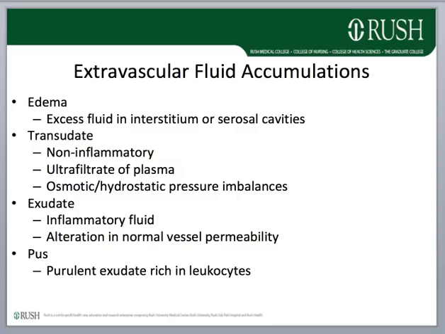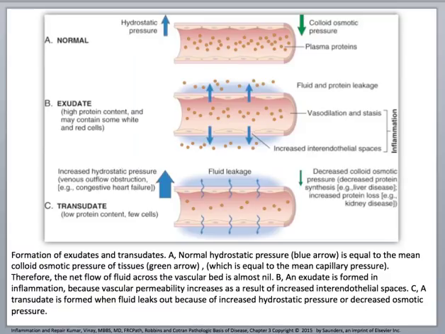It contains increased proteins and white blood cells, and this is due to an alteration in normal vessel permeability. Pus is just a purulent exudate that is rich in leukocytes and necrotic cellular debris. This is a nice graphic that summarizes these concepts and displays the differences between an exudate and a transudate.